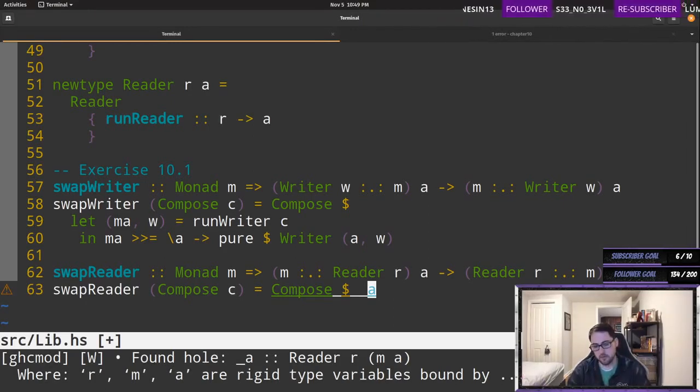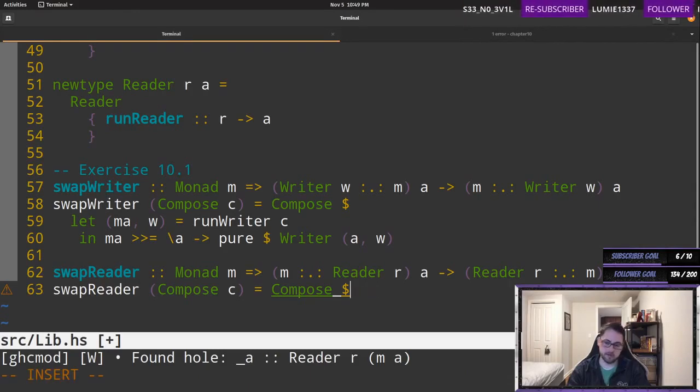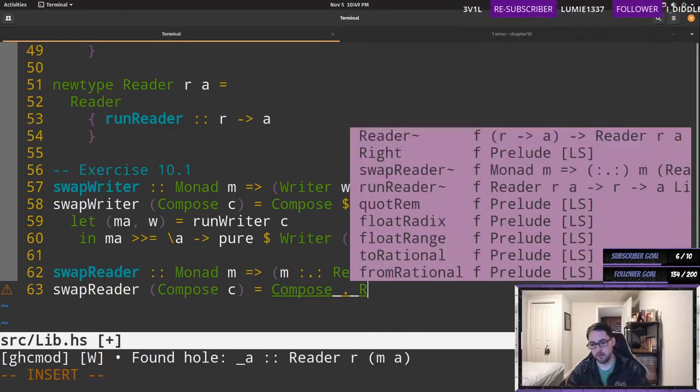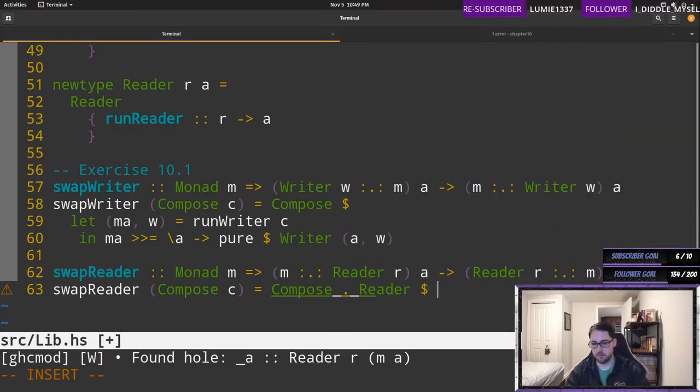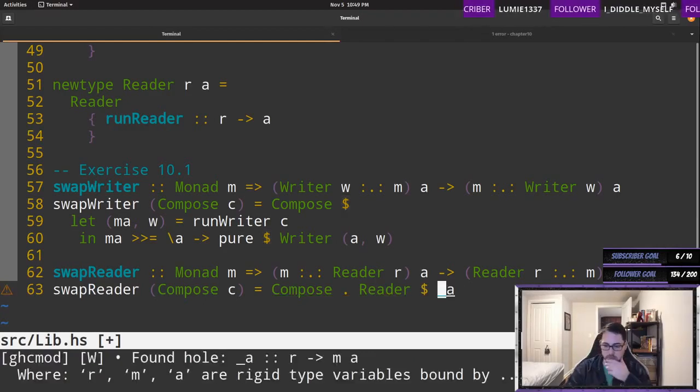So I think the reader has to go here, but the question is, how do I get, it's got to be like reader, something like this, and then we need to embed the monad. Oh, I see.